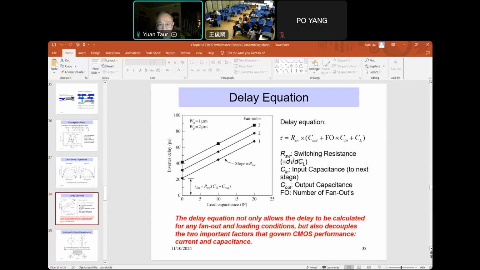If current is larger, then this slope becomes less, which means that the delay is better for a certain capacitance. Okay, so 2 important factors: current and capacitance. Current goes into R switch. Capacitance goes to one of these terms.